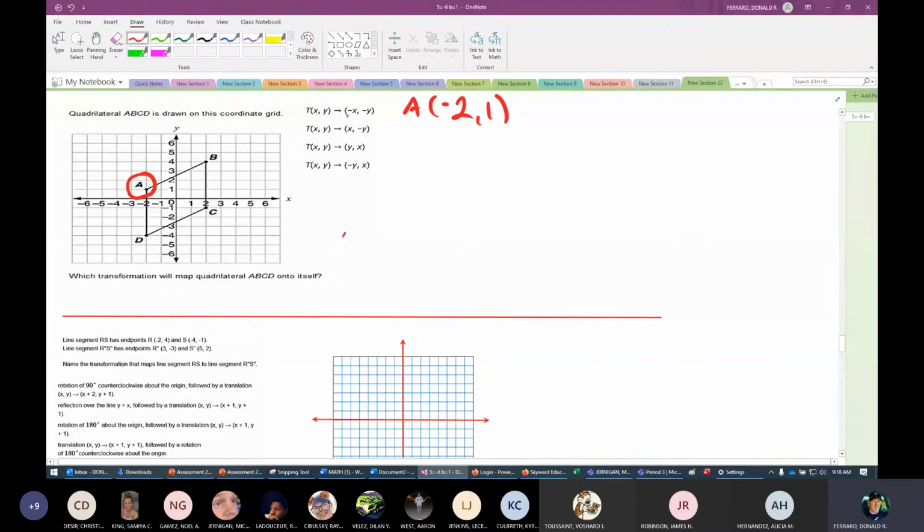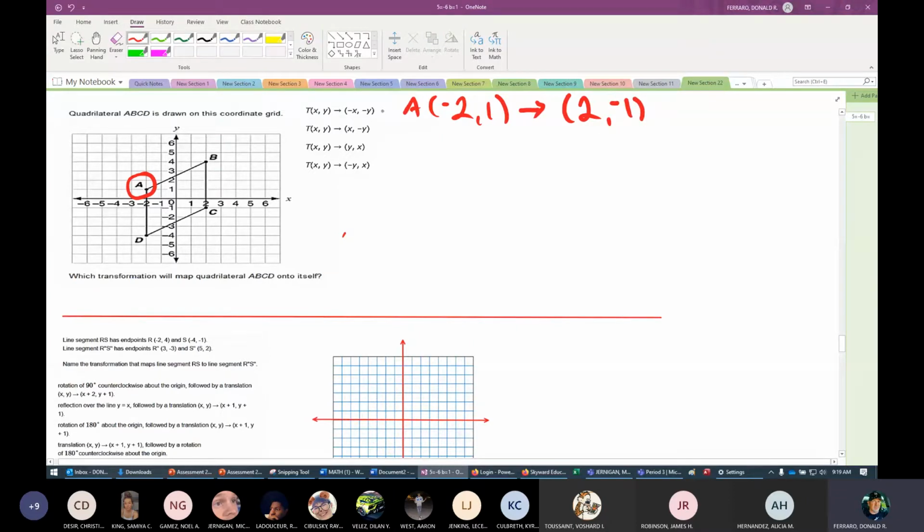Now what they say is we're going to translate this to -x, -y. So essentially what I'm doing is I'm multiplying my XY coordinates by -1. So if I multiply -2 times -1, I'm going to get 2, and if I multiply 1 times -1, I'm going to get -1.